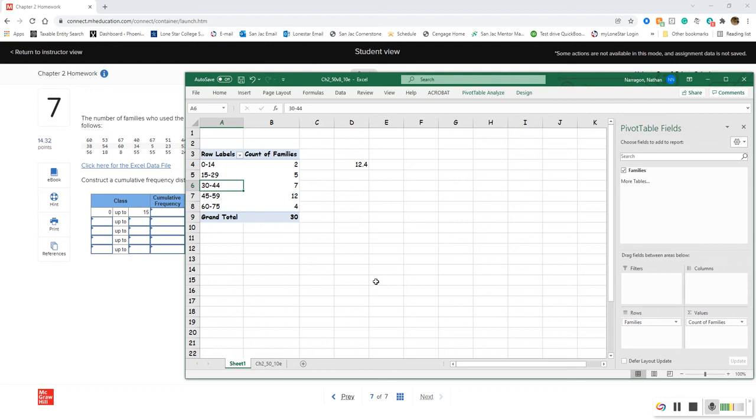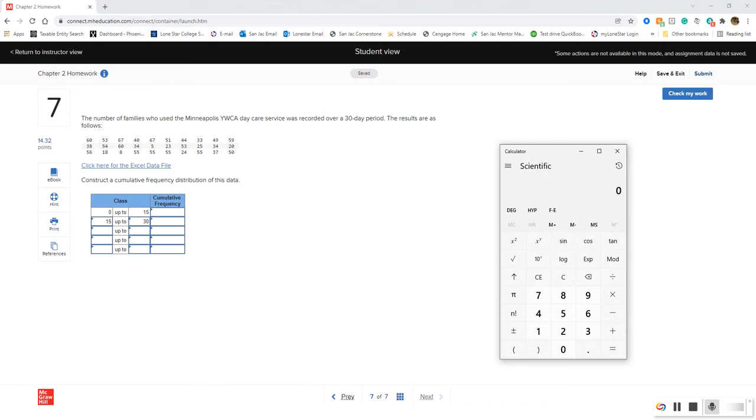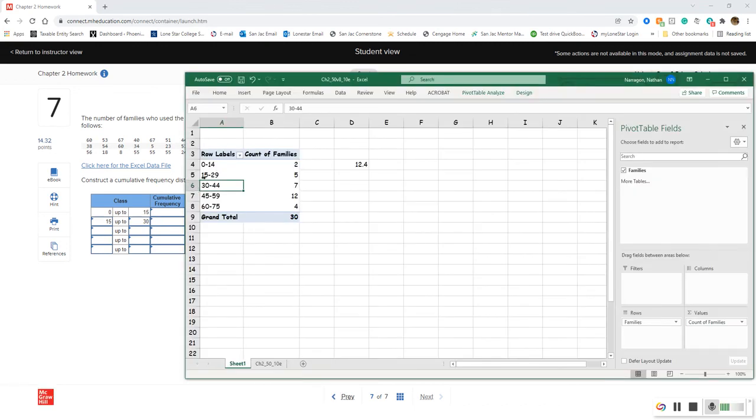There are our 5 classes using Excel. And now all we have to do is input the information. Again, it goes off a little bit by 1, so we just have to put that in. 15 to 30. Don't put it exactly, it is off by 1.